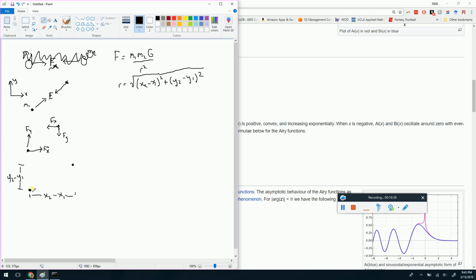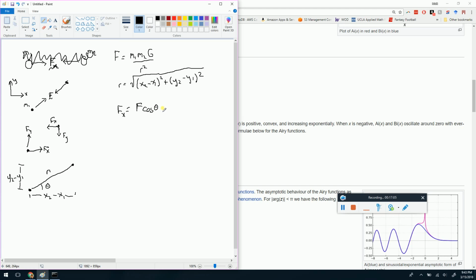Okay, and this is r. So if we take a look at this triangle here, we could say that we have an angle theta, and so we would typically say that Fx is equal to F, whatever the magnitude is, times cosine of theta.